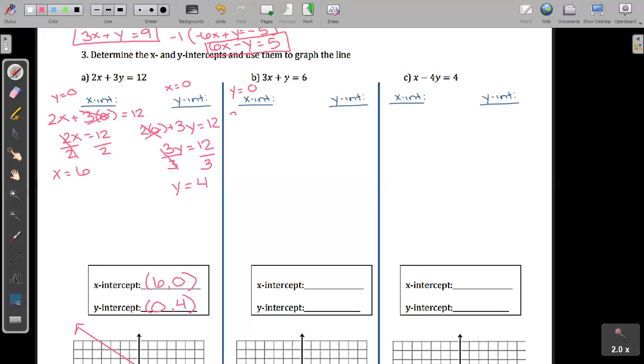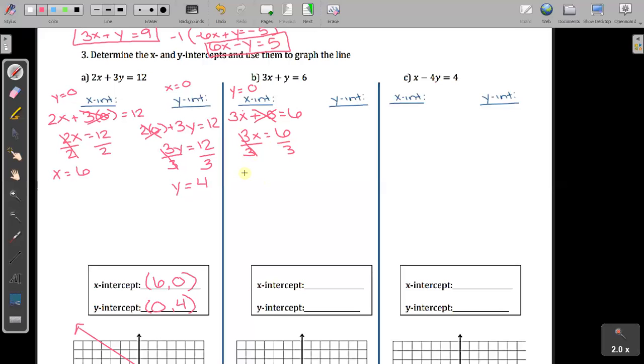So we're going to have 3x plus 0, since we substituted in, equals 6. Plus 0 cancels out. We bring down 3x equals 6. We can divide both sides by 3.